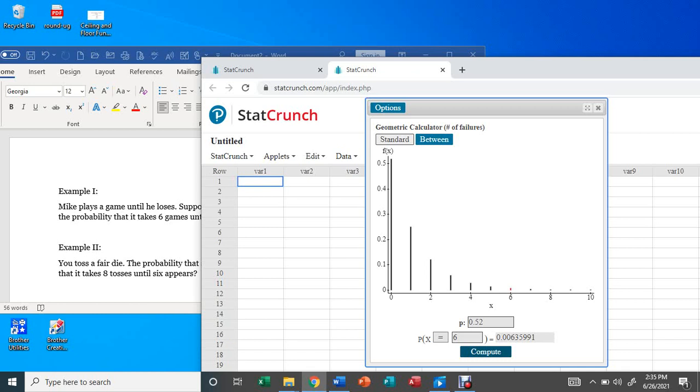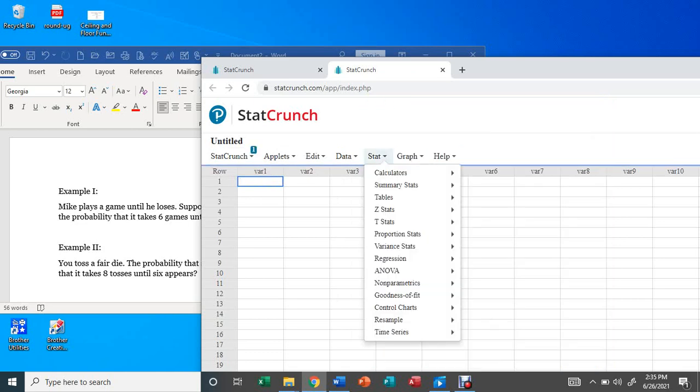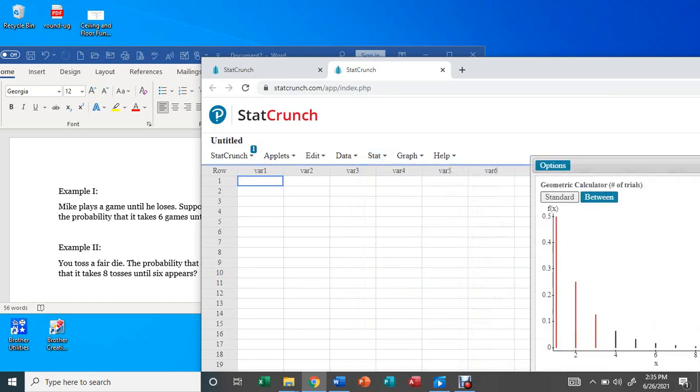If you decide to do it with the number of trials, you go again to Stat, Calculators, Geometric, and number of trials.